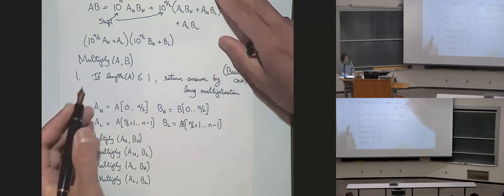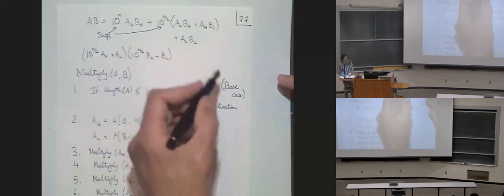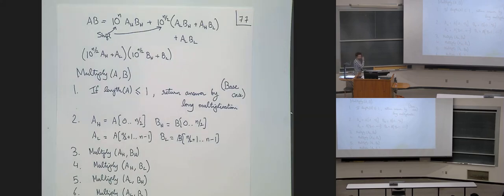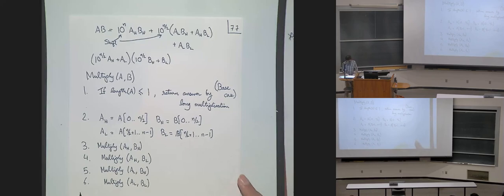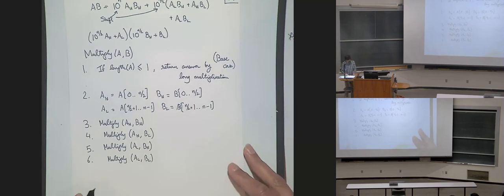Because these were all the products that you needed. So I'm just going to recursively multiply them. Again, to save myself a little bit of work in writing and not coming up with variables, I'm not going to store all of these in variables. I'm just going to say that's AHBH. Now you know what it is.